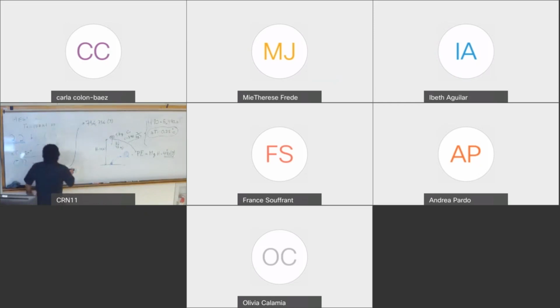So let's see that specific heat. They tell you that the specific heat of iron is 113. So you put here C of iron, calories per kilogram per Celsius.